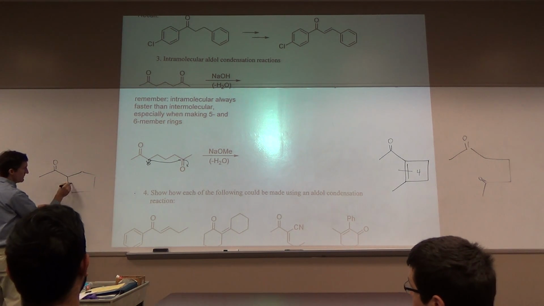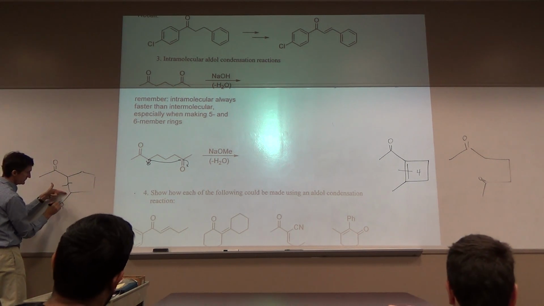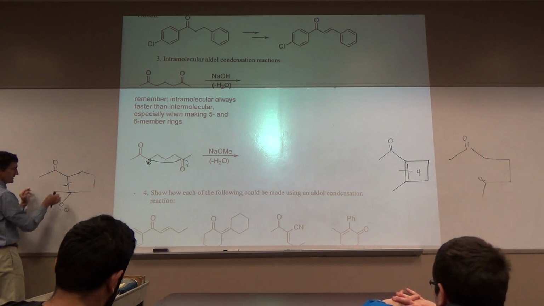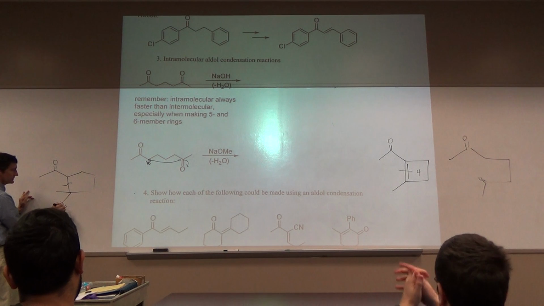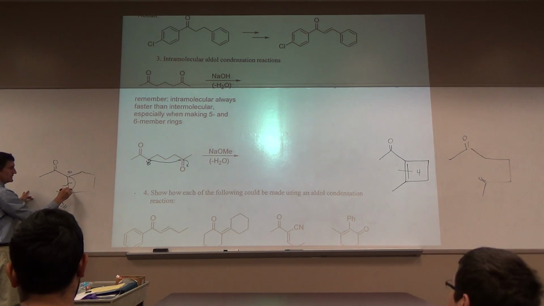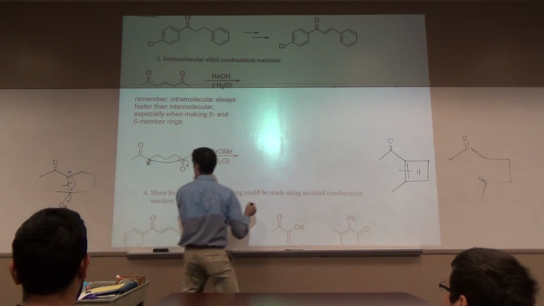Making this bond: enolate attacks carbonyl, so electrons go to the oxygen. What else was on the carbonyl? A methyl. So we made this bond here. This picks up H. We remake the anion, and then the anion comes in here and expels hydroxide to give the final condensation product.